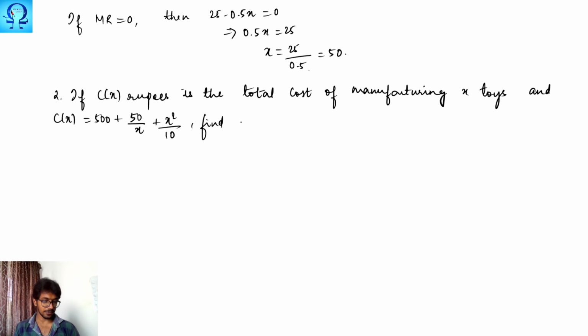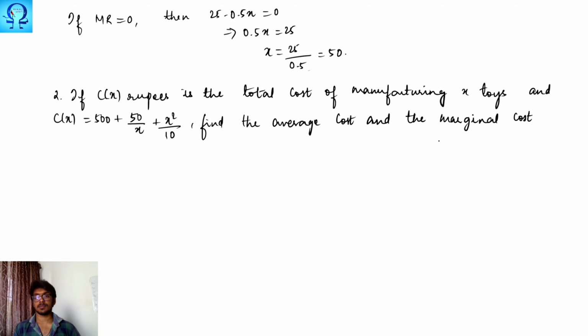It is given and we'll have to find the average cost and the marginal cost when we produce 20 units. Okay, let us get into the solution.